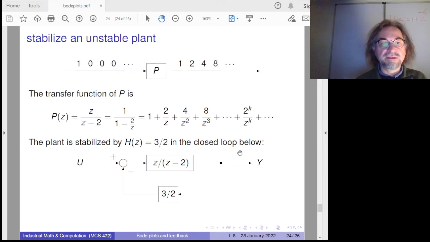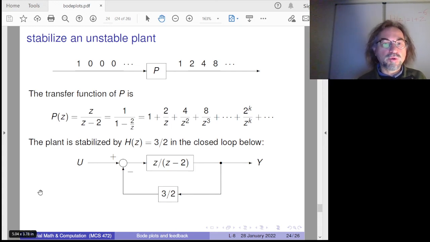If you read the formula for the transfer function from right to left, we have the definition of the z transform of the output, and we can write this in the rational form 1 over 1 minus 2z. Then further to the left, if we look at z over z minus 2, the 2 is the geometric ratio.